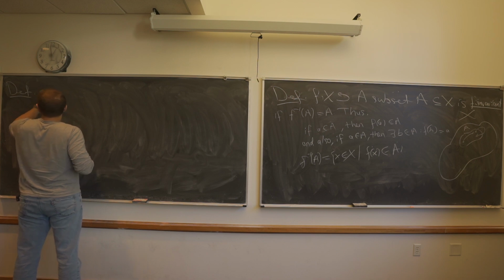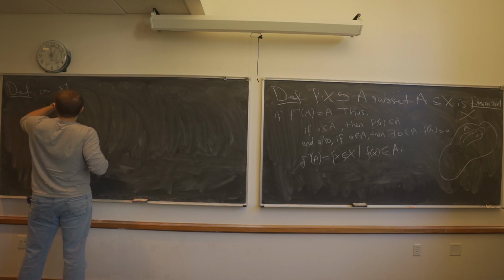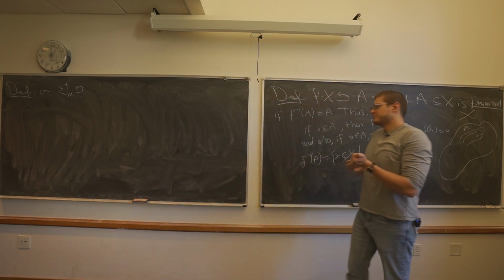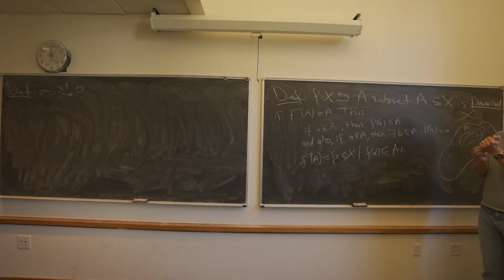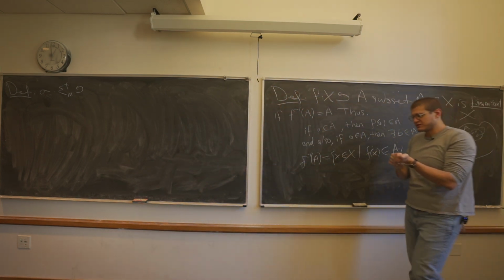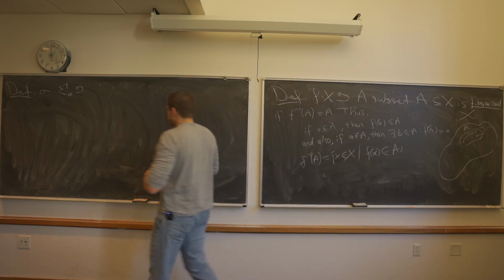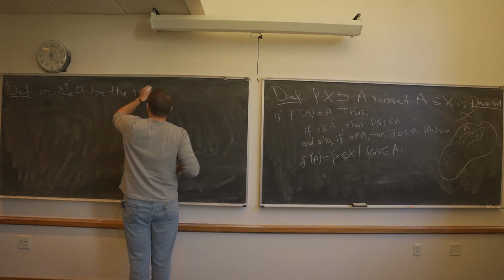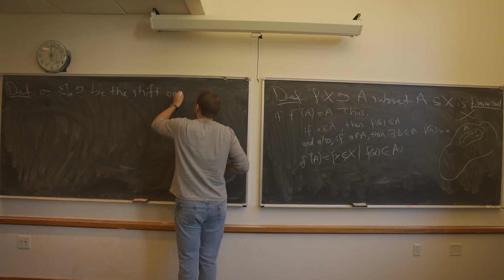We can do this with bi-infinite sequences as well, but this is the model that we're going to use more often. Let sigma be the shift on M symbols.